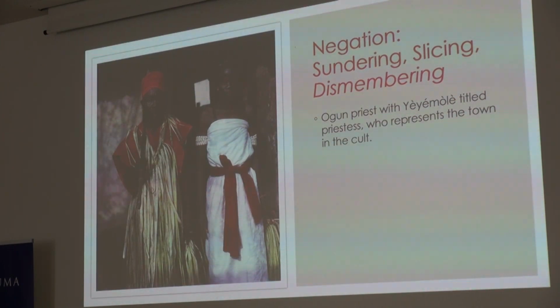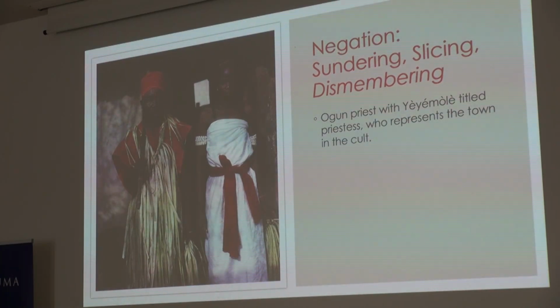But her outfit and her role, she often wears a crown-like cap, she's the female equivalent of a male chief in a kingdom, but she's in effect the cross-male equivalent of the leader of the civic dimension of the cult within the town. There's a bush leader as well, who's an Ologun, a warrior. So she's a collective person who brings powers together, but still has the power to sunder.